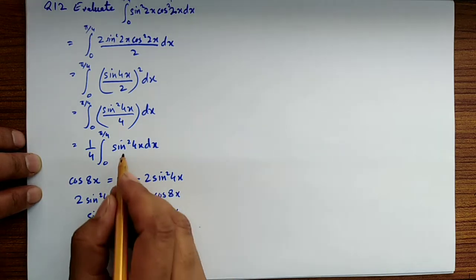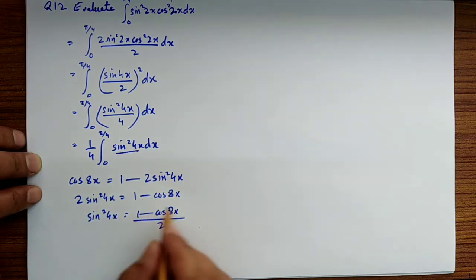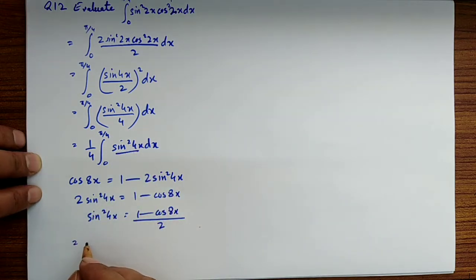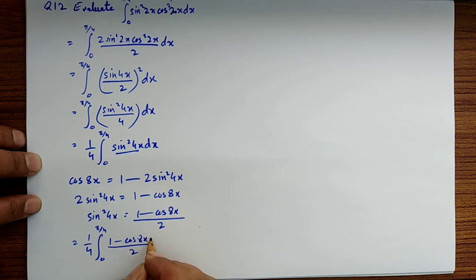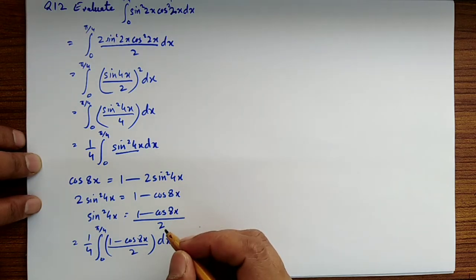Now in place of sine square 4x, I am going to write this part. That will give me 1 upon 4, integral from 0 to pi upon 4, of 1 minus cos of 8x upon 2 dx, right.